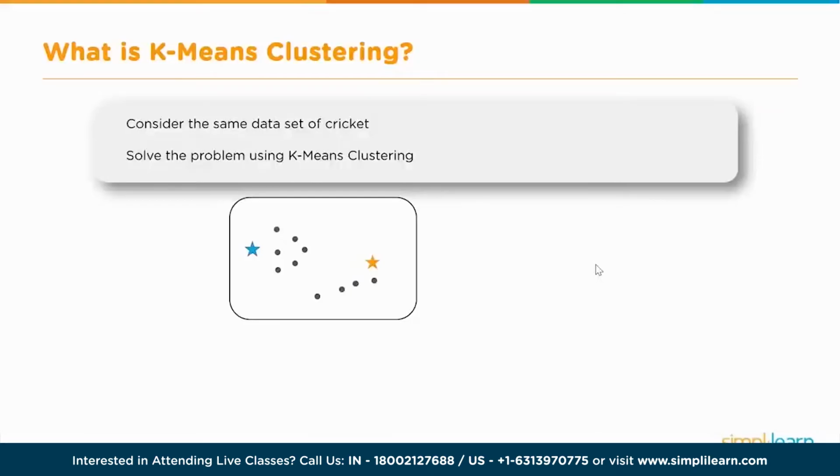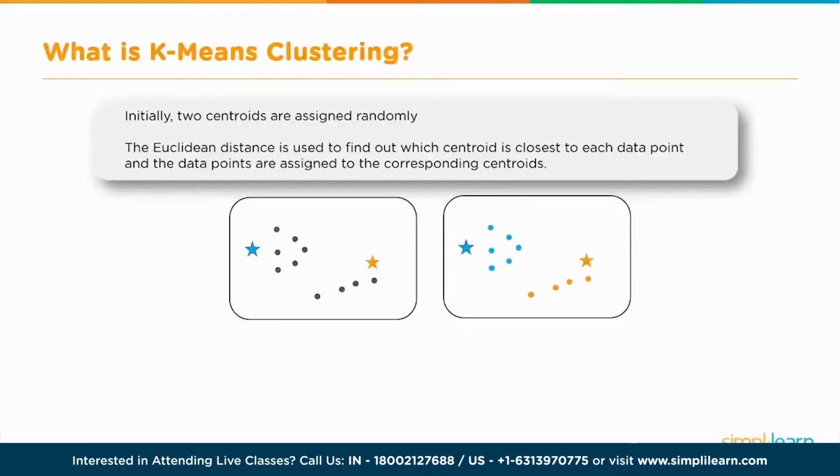The way it works is, the first step in k-means clustering is the allocation of 2 centroids randomly. So 2 points are assigned as so-called centroids. So in this case, we want 2 clusters, which means k is equal to 2. So 2 points have been randomly assigned as centroids. Keep in mind, these points can be anywhere.